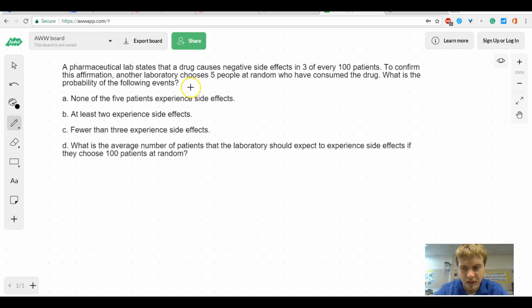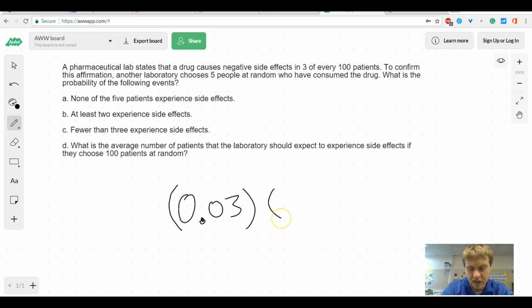None of the 5 people experience side effects. So we know 3 out of the people generally will experience side effects. So the percent chance that they do this would be 3 out of 100, or 3%, which means the percent chance that they don't experience side effects would be 97%.